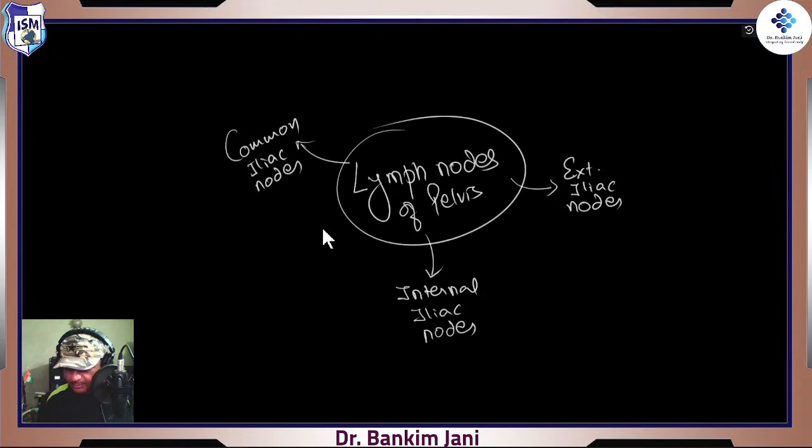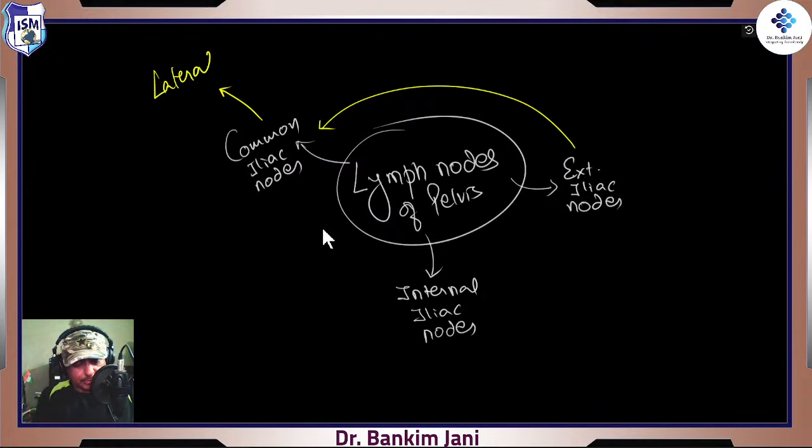External iliac would drain into common iliac. Common iliac would drain into lateral aortic, then from there to para-aortic, etc. Right? Lateral aortic nodes. So that becomes the path.